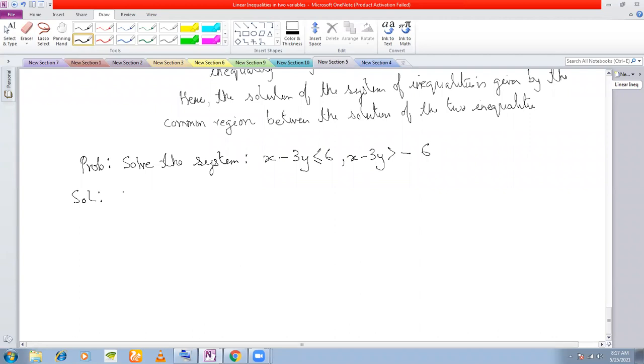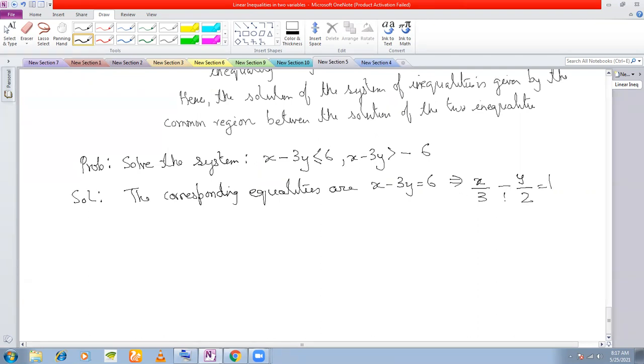Okay, so we'll proceed, but there's just a small difference, which I've already shown you earlier. So the corresponding equalities are x minus 3y is equal to 6. Now you make the right hand side 1, so divide both sides by 6. You get x by 6 minus y by 2 is equal to 1. Now you need to make this sign a plus sign, so you write this as x by 6 plus y by minus 2 is equal to 1.